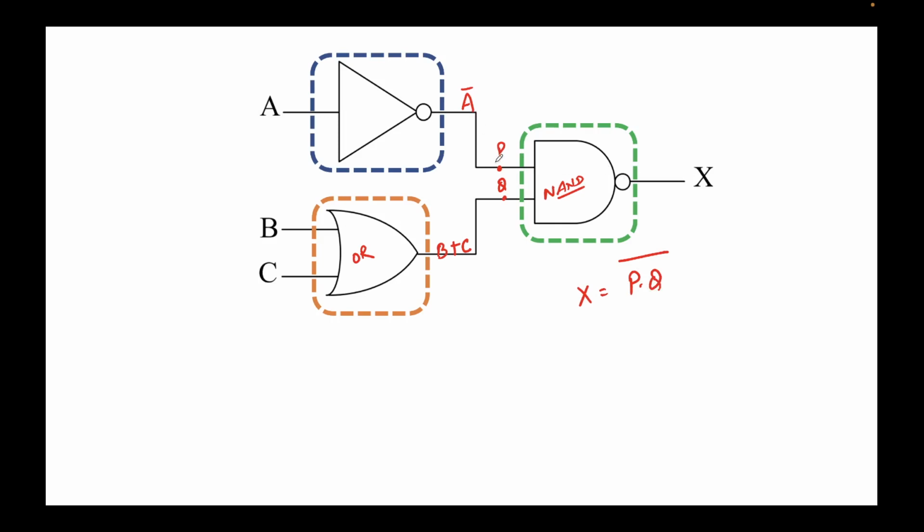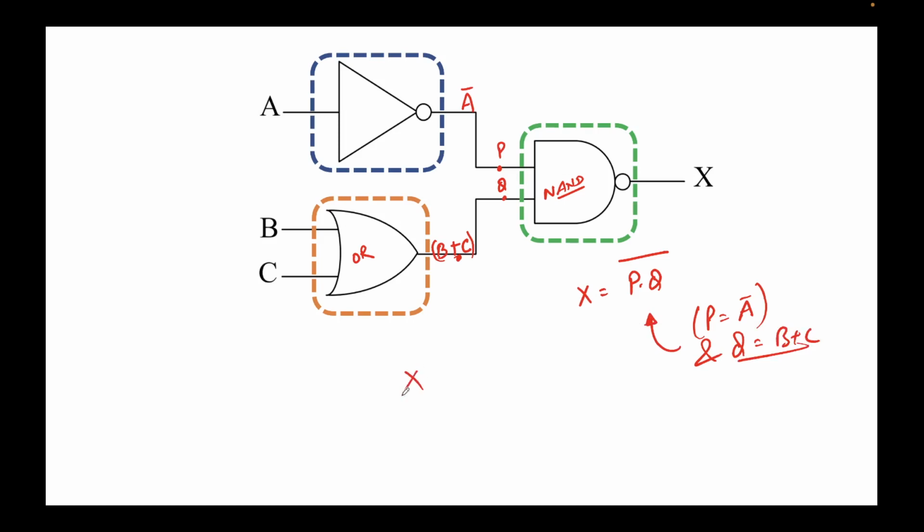Now note that P is equal to A bar. P is nothing but this wire here, so P equals A bar. And look at Q. Q is nothing but the output of this OR gate, which is B plus C. So Q equals B plus C. Let's put both these values in this expression.